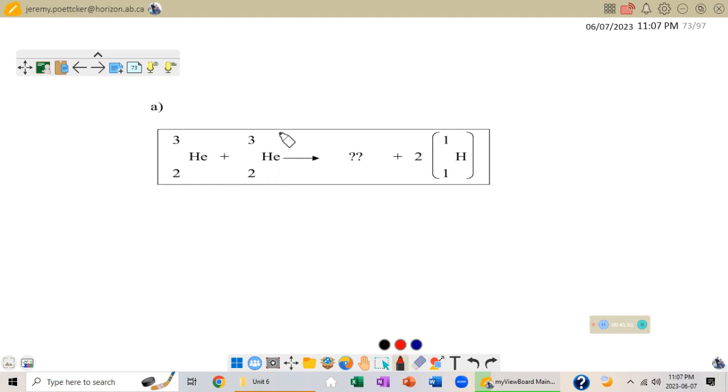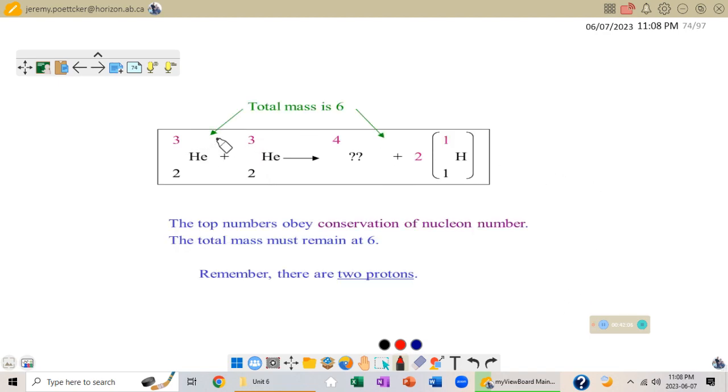Helium-3 plus helium-3. Now, part of what we're making is a couple of protons. Okay, these are hydrogen-1 or protons. But something else is going to get made here as well. Total mass on the top is going to be 6, so nucleon number is conserved. There are 2 protons.